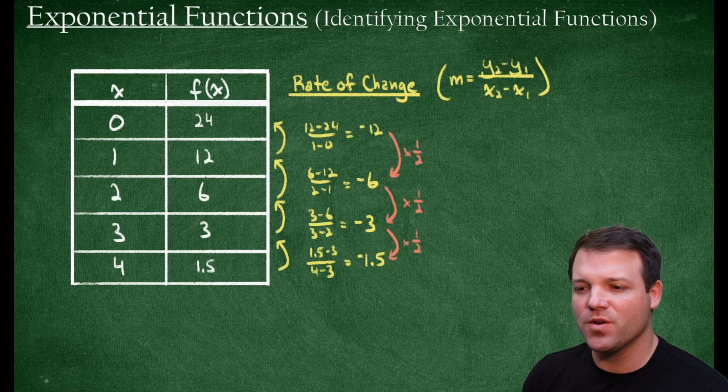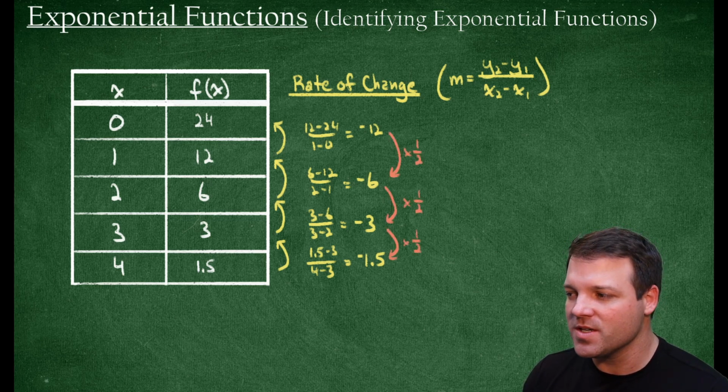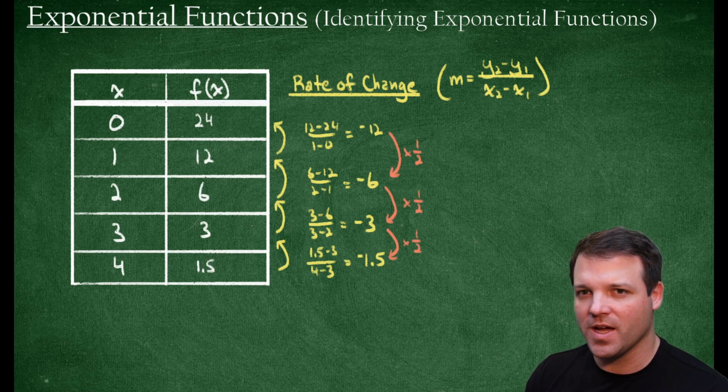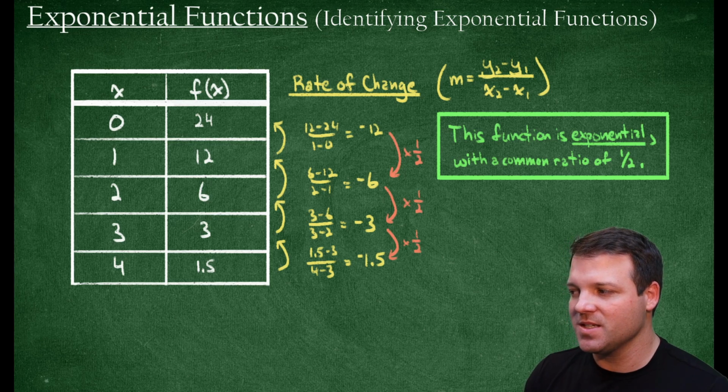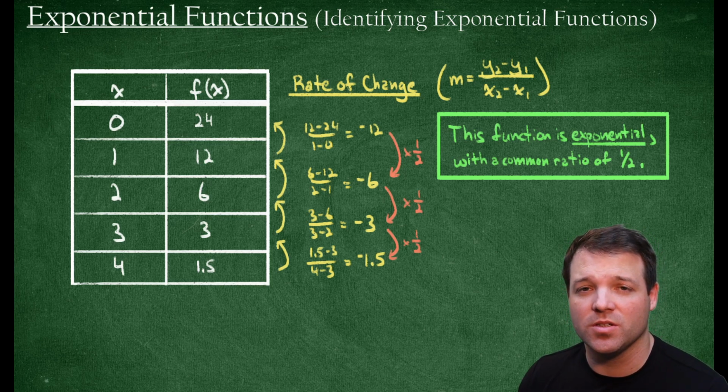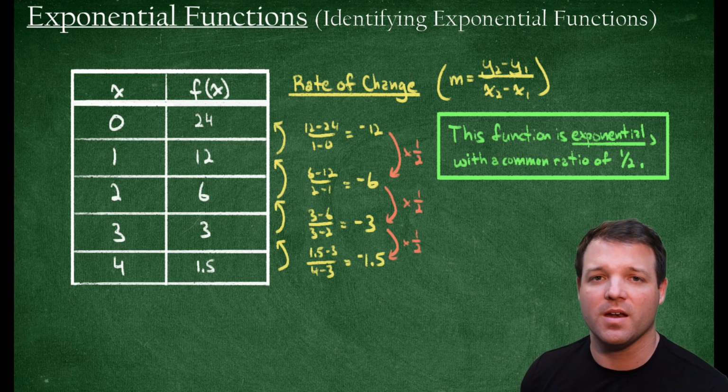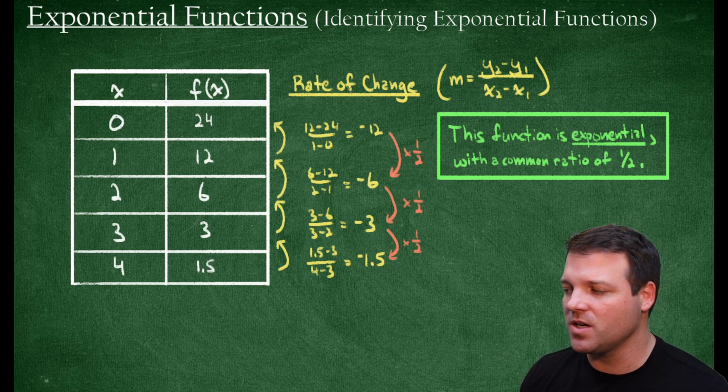Upon further investigation, we notice that the rates of change are actually being multiplied by 1/2 as we continue on here, from -12 to -6 to -3 to -1.5. So we're multiplying by 1/2. That basically means that this is exponential, and we have figured out that base, or that common ratio, which in this case is 1/2.